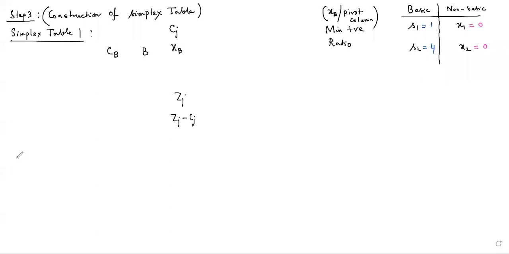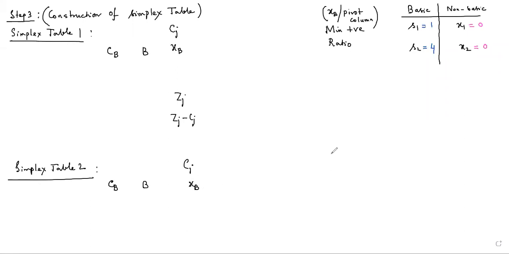If we need to construct simplex table 2, we will try to get the same format. So we will write Cj and CB, B, XB.